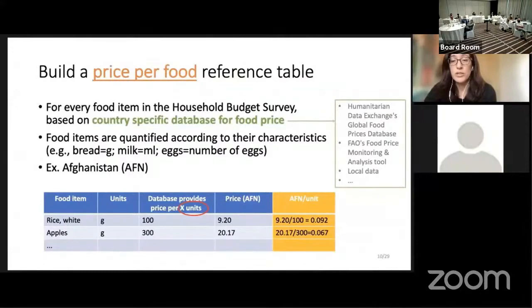Something to note here are the units used to report the price of food. For example, this could be in grams, or per 100 grams, or per unit of food, etc. So to avoid mistakes, it is recommended to generate a price per food reference table where the price per unit of each food included in the survey is listed.